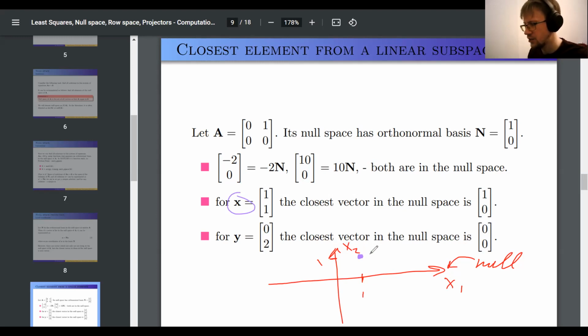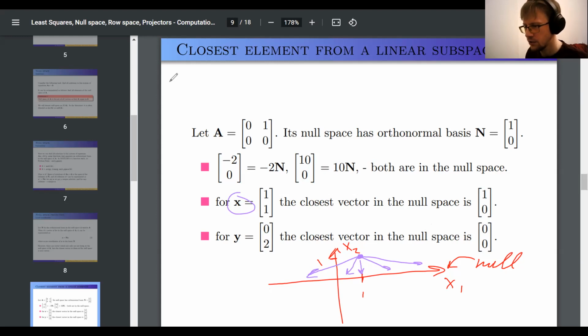That is this vector. So what is the closest element to this vector on this line? Well, this guy, right? Because 0 and 1. Yeah, because the distance to anything else is going to be bigger, right? You can kind of see it graphically. Does it make sense now? I think it does, right?